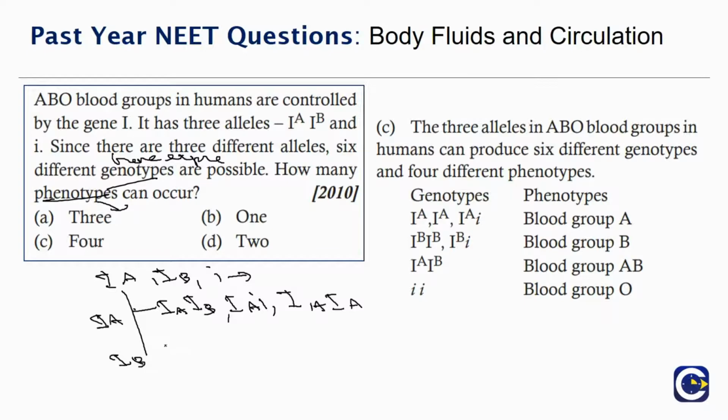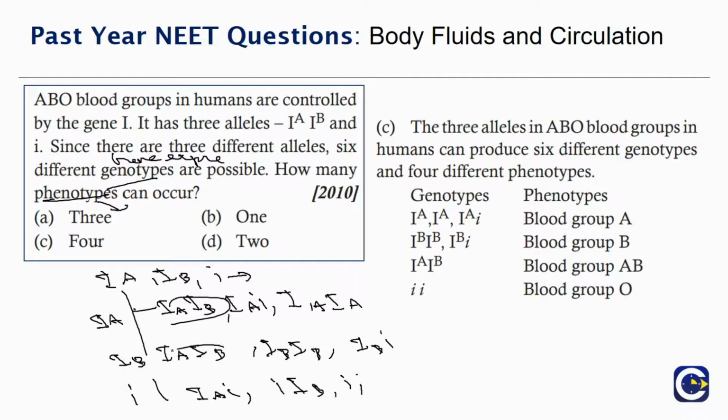So with IA, IB, it will become IA, IB, it will become IB, and with IB small I, it will become IB small I. And small I, it will become I, and small I, IB, and small I. So IB. So this will become AB group. So IA, this will become A group.